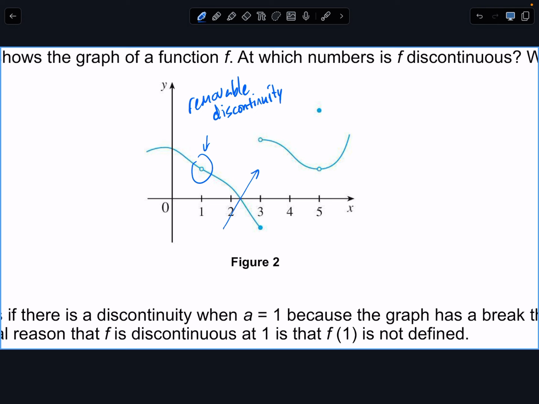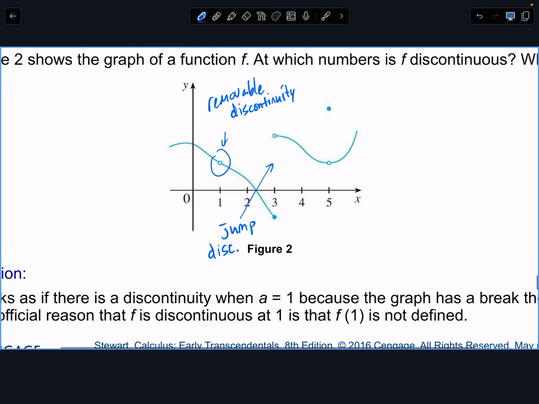And here, where it's got two different limits, this is called a jump discontinuity. The function kind of jumped from -1 up to whatever it is. And then another here, at 5, another removable discontinuity.